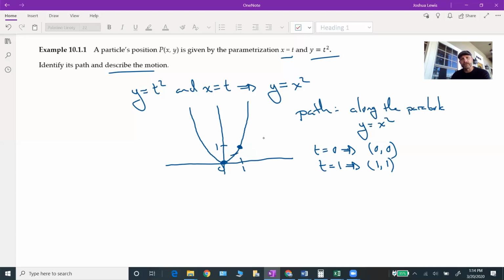Well, it must be traveling in this direction. And so when you hear about describing its path or its motion, you can just throw some arrows on this graph to indicate that it's moving essentially left to right in x, okay? And so its path is a parabola, and it's moving according to these arrows, okay?